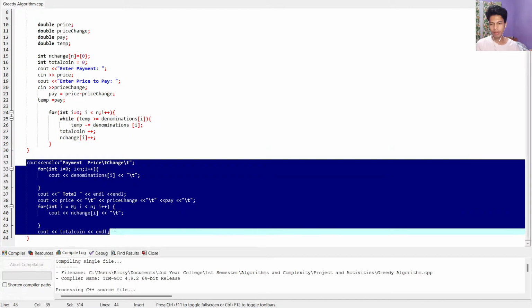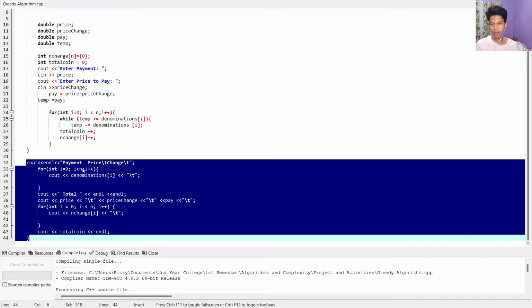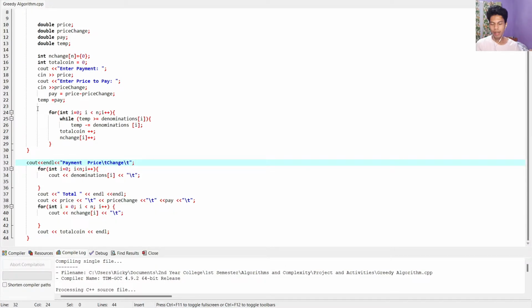And this is also the front end of the program, which is to display the payment, the price, the different denominations, and the totality. To show the overall function and how this works, I'm going to run this program.